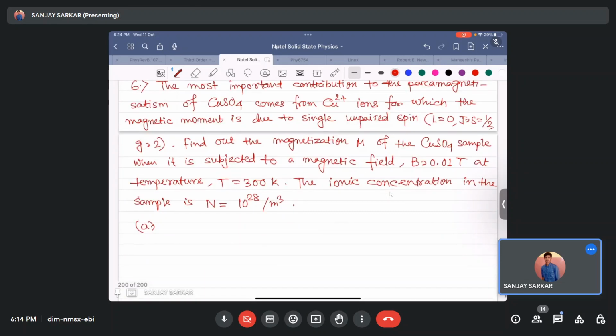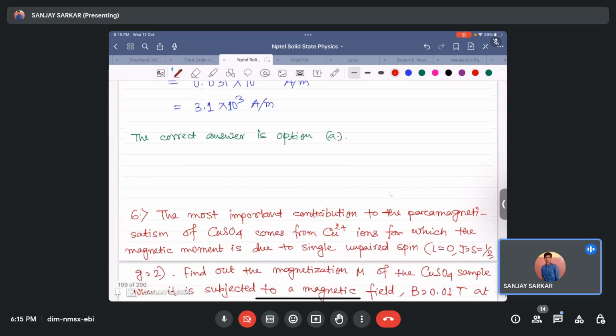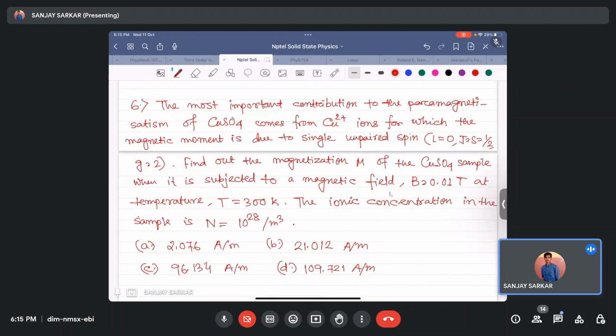to this question are: option A is 2.076 ampere per meter, option B is 21.012 ampere per meter, option C is 96.134 ampere per meter, and option D is 109.721 ampere per meter. So it's similar to the last question we have solved, and also in this question L, J and S, g, all the values are given.